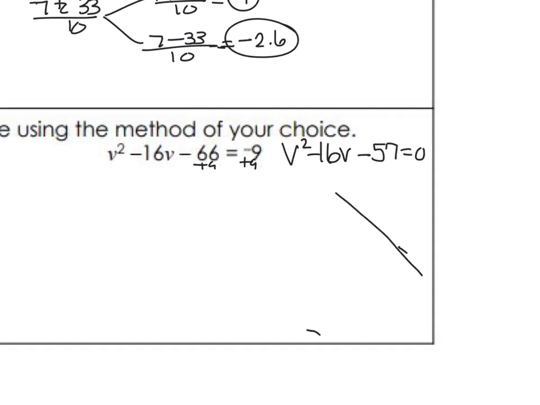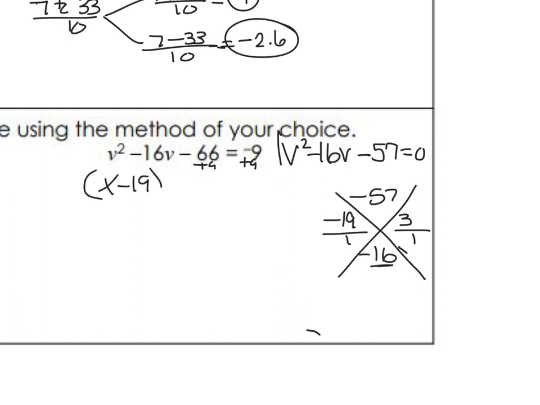You can always put it in y equals and see which pairs will add up to negative 16. Remember, we're dividing by a. So, negative 19 times 3 is negative 57. And negative 19 plus 3 is negative 16. So that's going to work. Yay. So those are my factors, not my solutions. My solutions are the opposite.